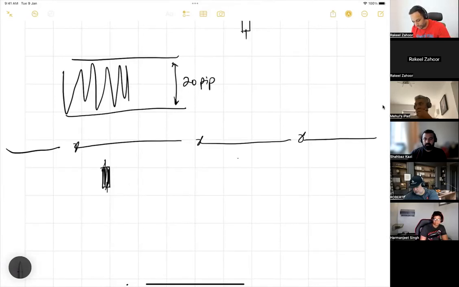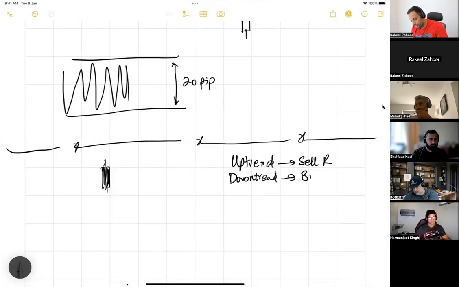So let me break this down: uptrend means sell resistance. Downtrend means buy support. Very simple.